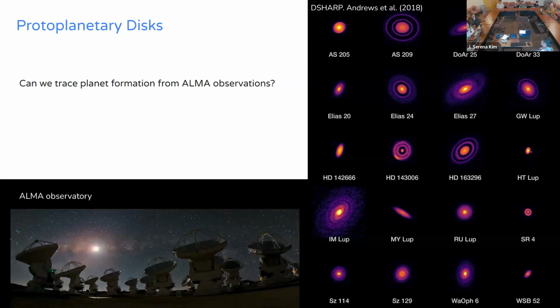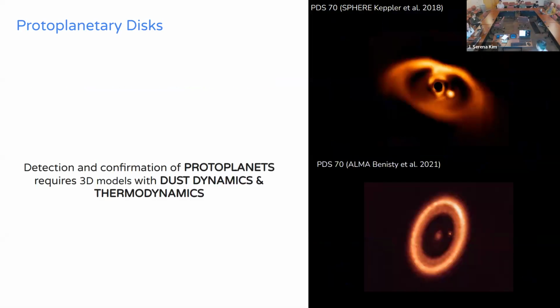And we see a lot of substructure, gaps, rings. The question is still out there. And after a decade of observations, some people in the field are a bit disappointed about the fact that we are not seeing protoplanets, or many protoplanets, that can explain these observations. And of course, that is the most interesting or promising candidate because we are interested in planet formation. So we want to see those protoplanets there.